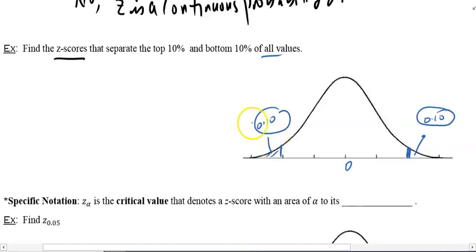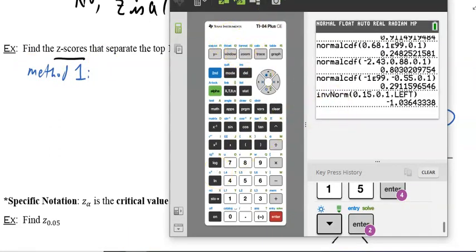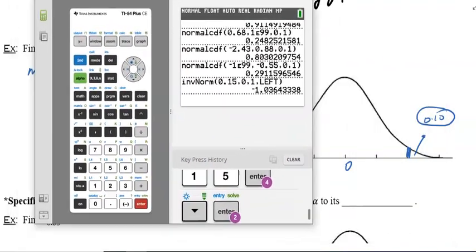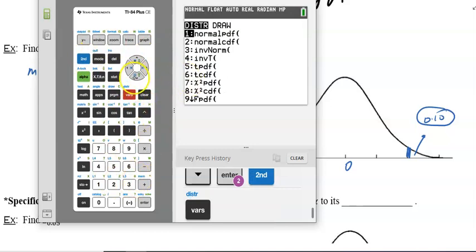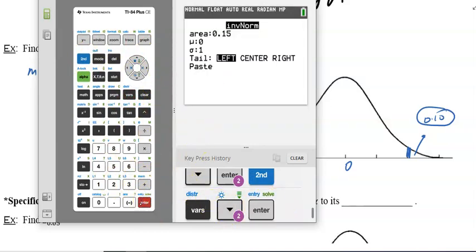So one way of doing this is to say, you know what? Method 1 is for me to take the calculator and say, let's go by an inverse distribution. So go to the distribution, inverse normal, and I would like the area to be 0.10.